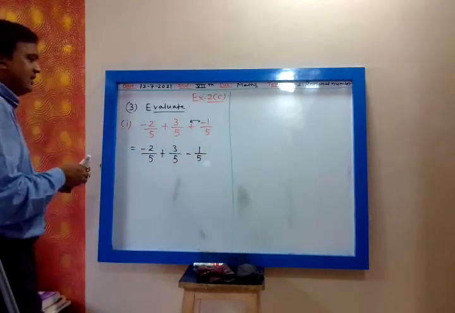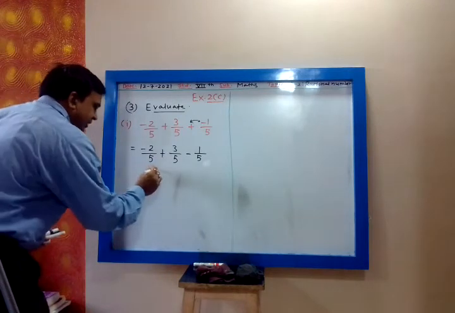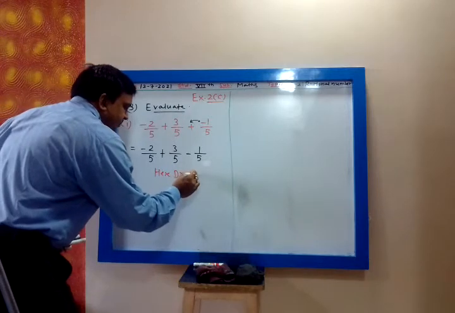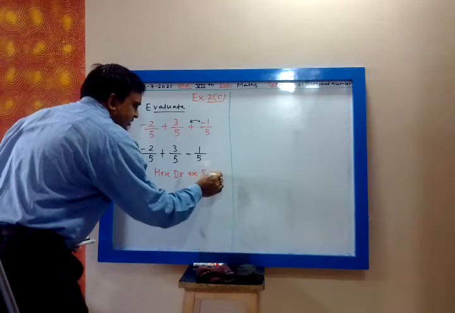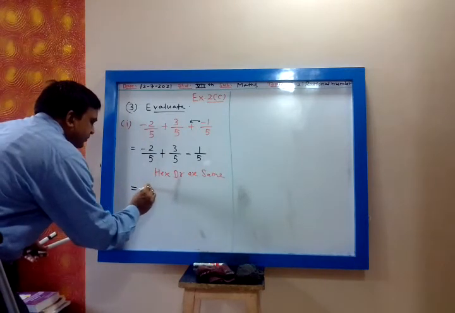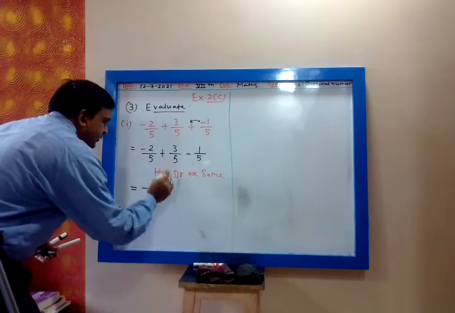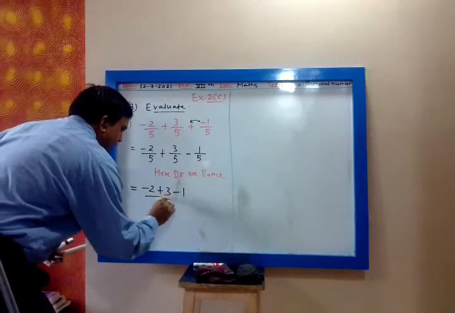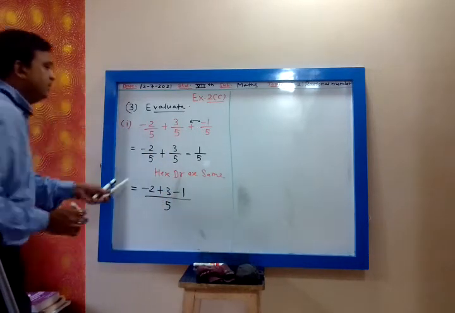Now the denominators are same. Whenever denominators are same, you can simplify the numerator. So that will be minus 2 plus 3 minus 1 whole divided by 5. We take the denominator 5 common.